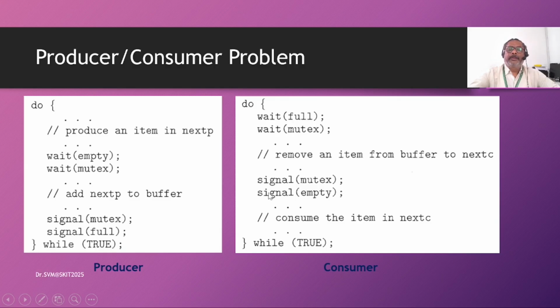When we say signal empty, that means one slot is emptied, therefore this wait empty will get a positive response saying that at least one slot is free to enter. So that's how we take care of the three problems.